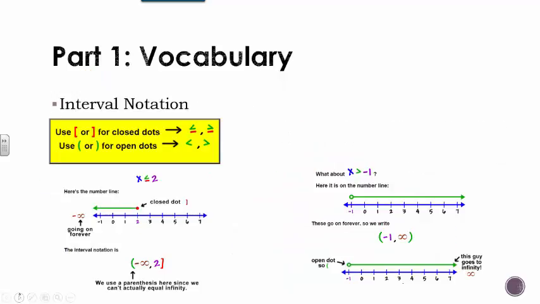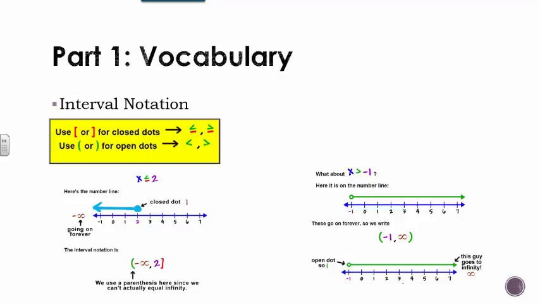We're also going to try something else in this class, so we're going to write our answers in interval notation. Interval notation talks about the span that our answers can be in. So if I give you something like x is less than or equal to 2, you could write the actual graph out. We'd close the dot, just like we did before, and all the numbers less than 2 are this way. So think about on a number line what that means.